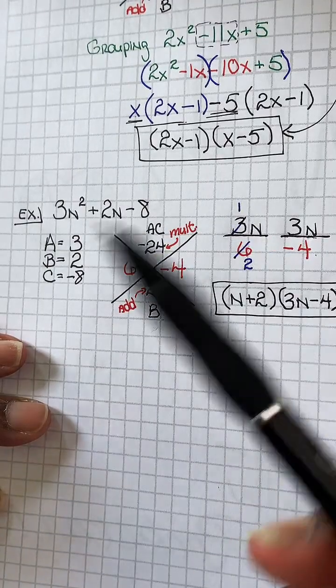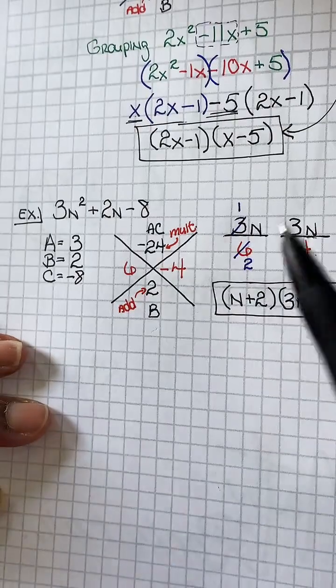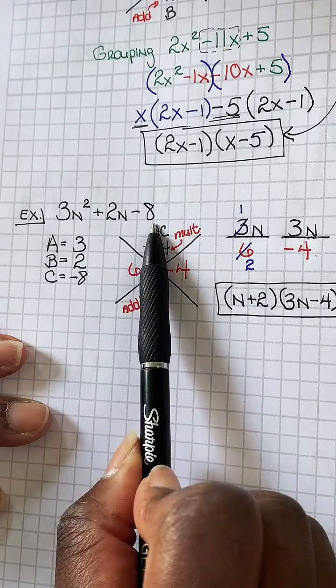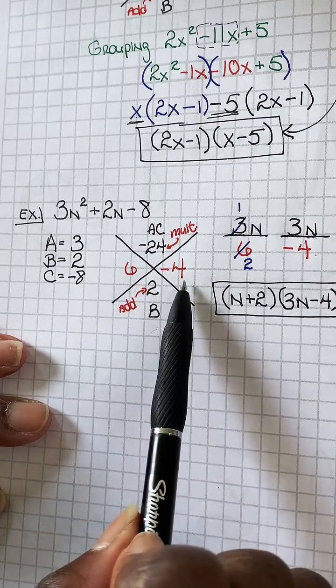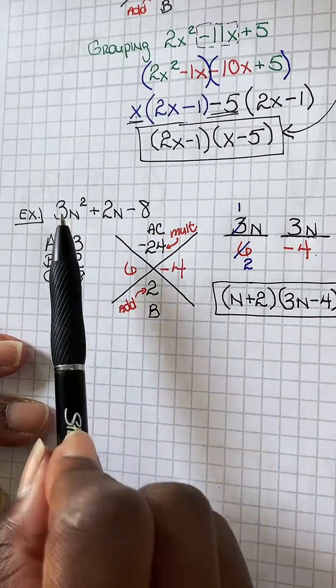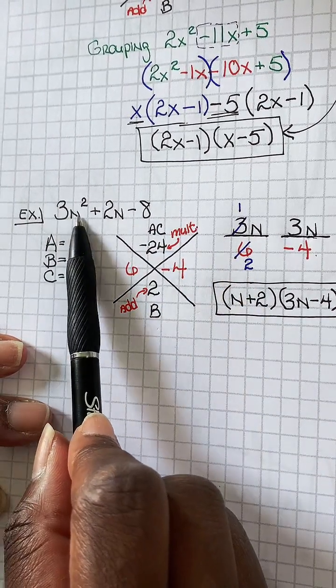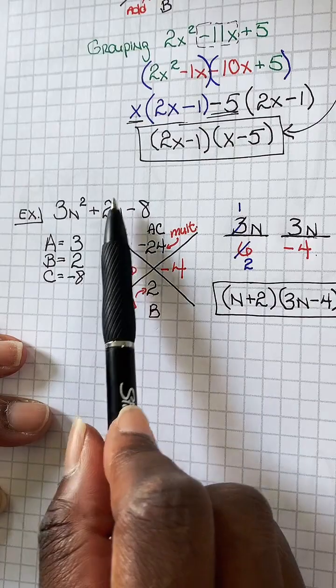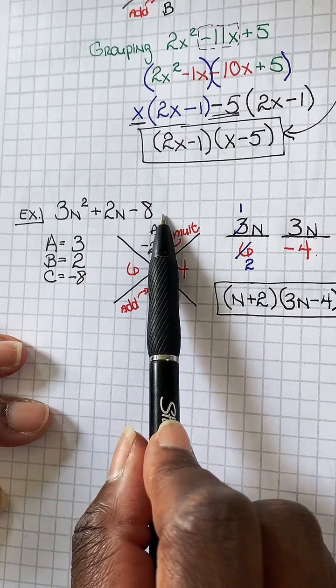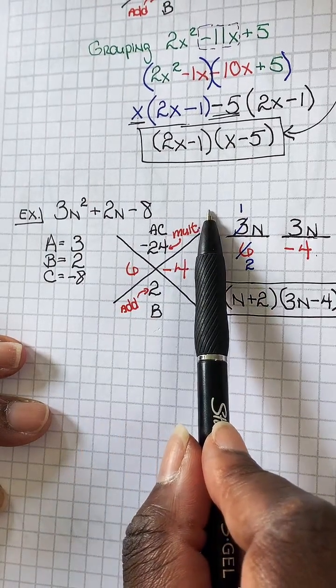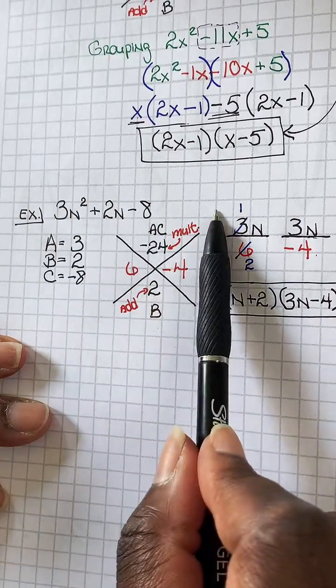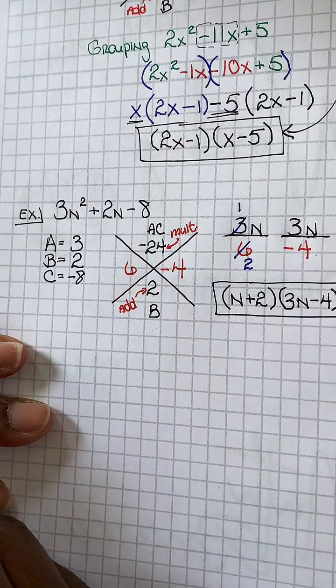If you do have a GCF, pull it out. If you don't, and you have 3 terms, see if you can do the AC method. If you're given 4 terms, like say they said 3n cubed plus 2n squared minus 8n plus 7, you're going to do grouping.